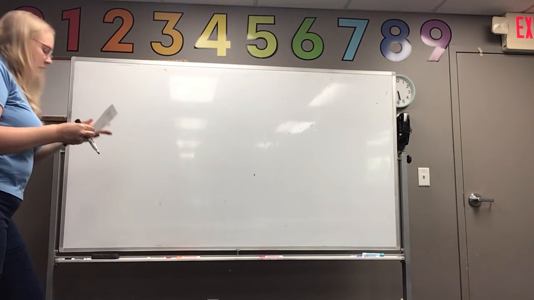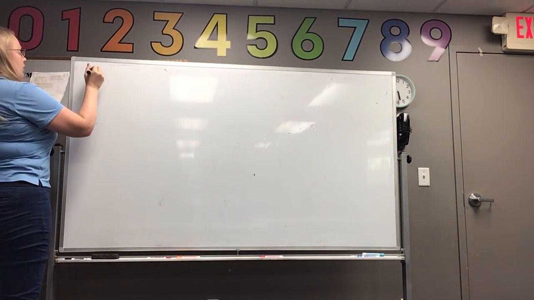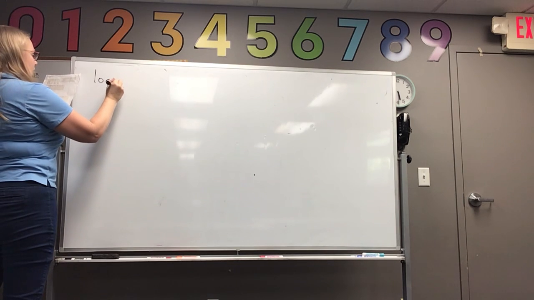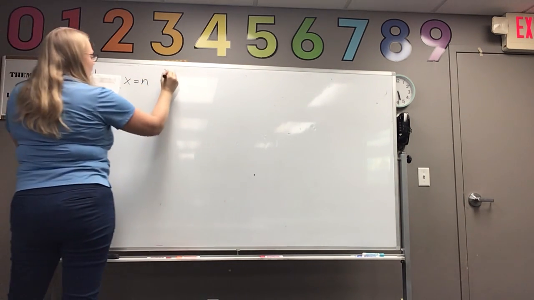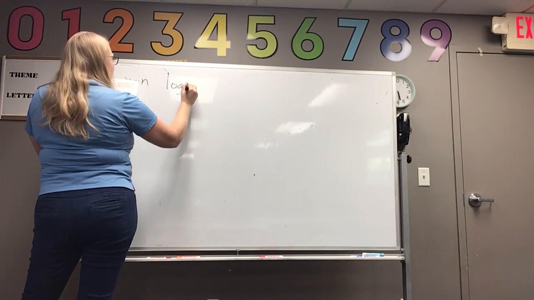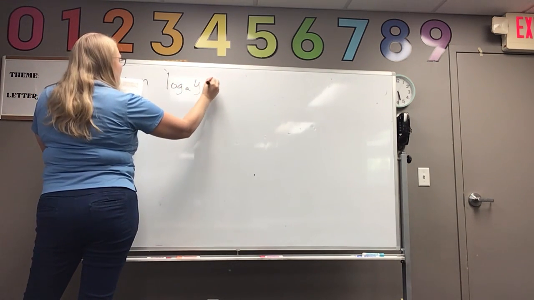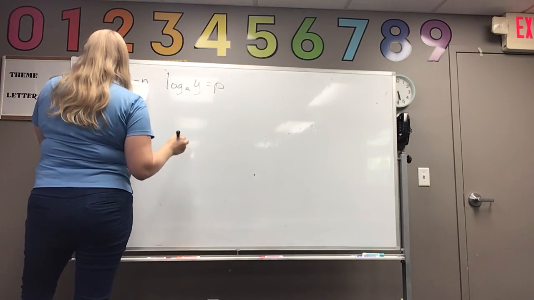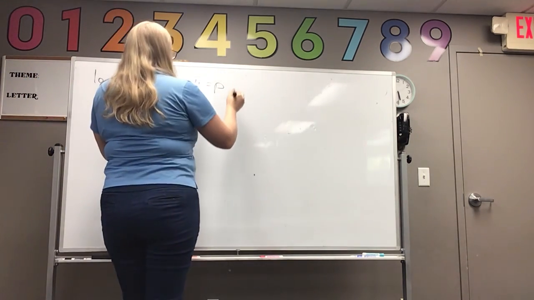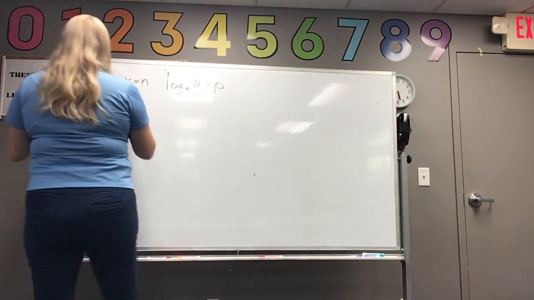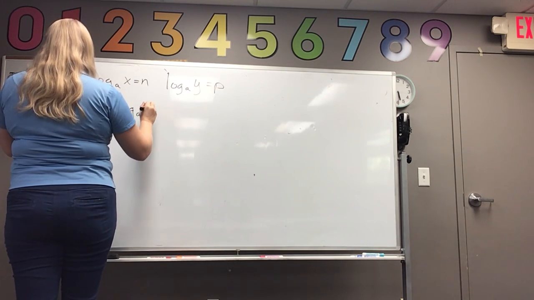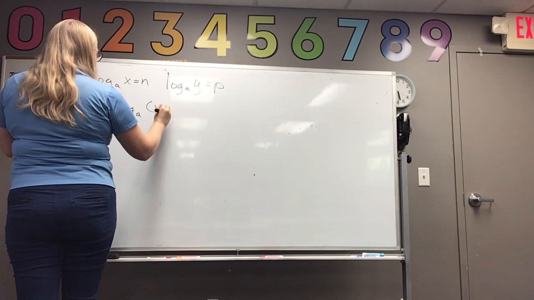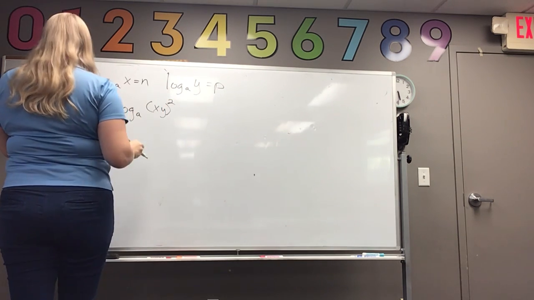So the first one says that if log a of x equals n and log a of y is equal to p, then find log a of x y squared.